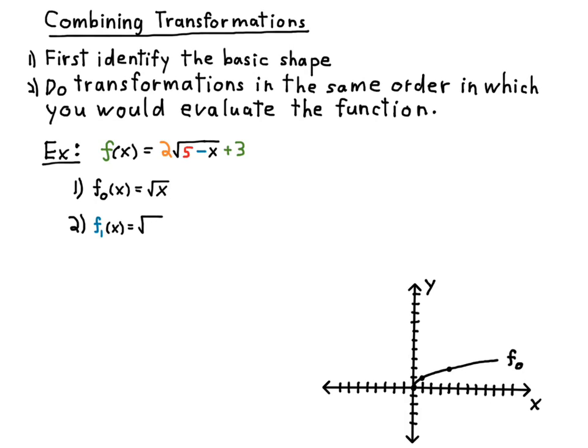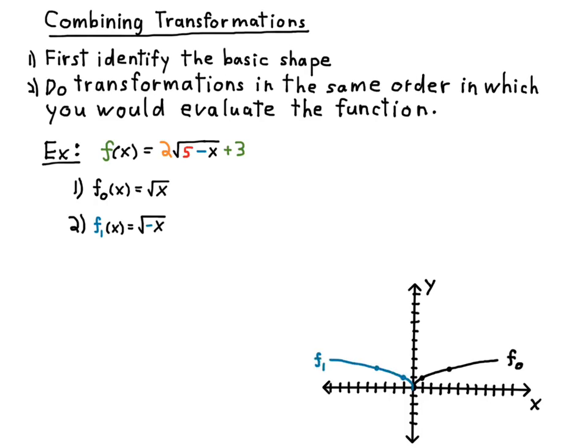So the next one's going to be f sub 1. What if I plugged in, say, 2 for x, what's the first thing I would do to it? I would take the opposite of 2, because it says opposite of x. And so this is the square root of the opposite of x. So I'm taking the opposite of x, so all the positive x's become negative x's, and negative x's become positive x's. So that's a reflection in the y-axis.